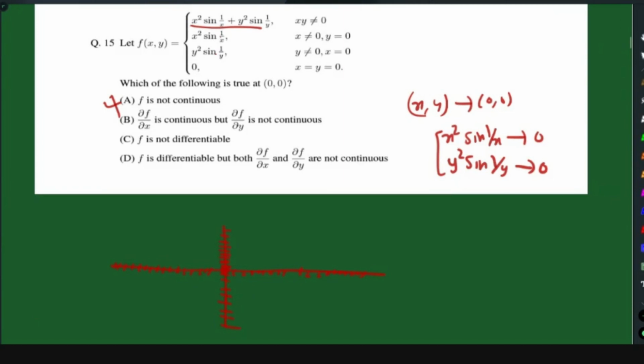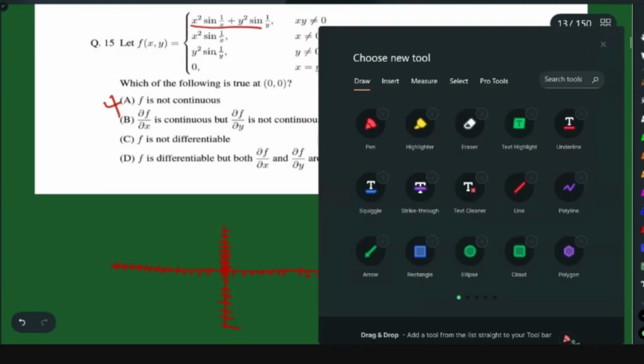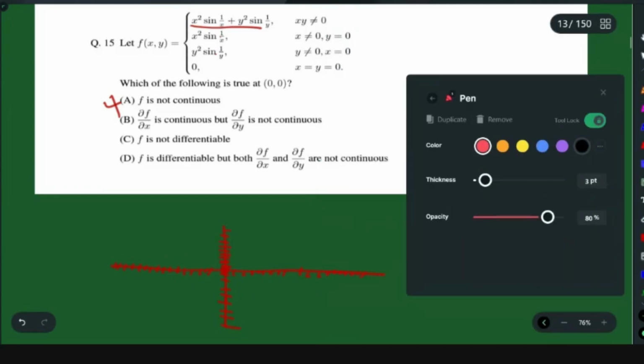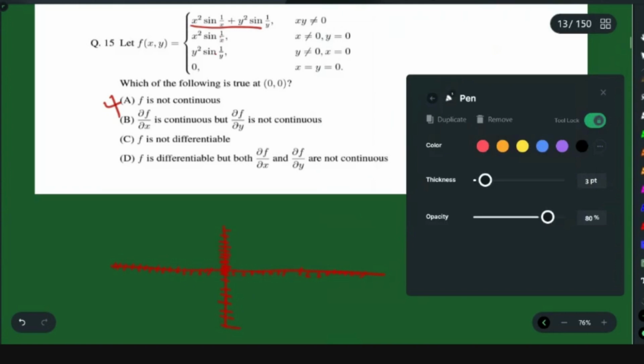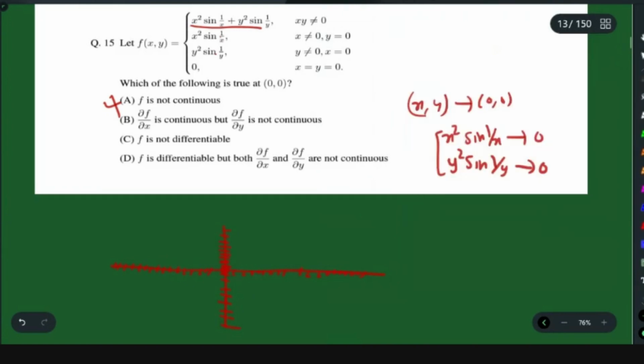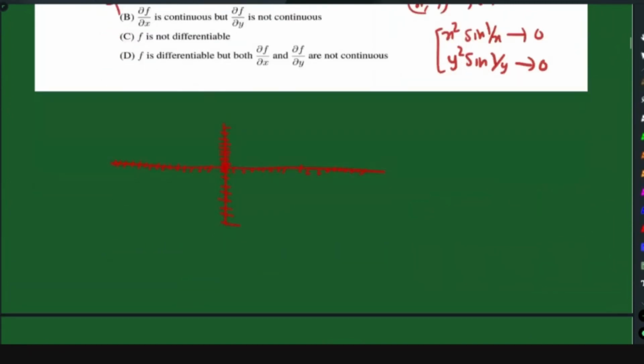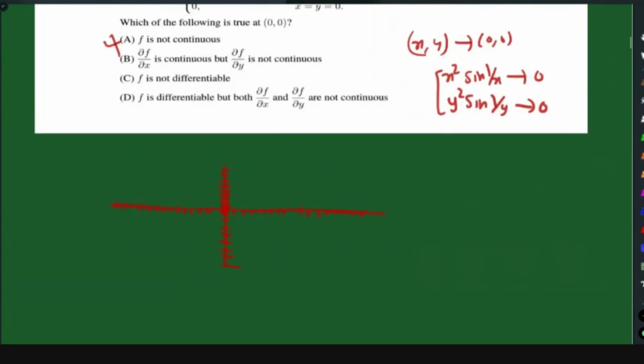So let me first compute what ∂f/∂x and ∂f/∂y are. Just find ∂f/∂x at (0, 0) and ∂f/∂y at (0, 0).